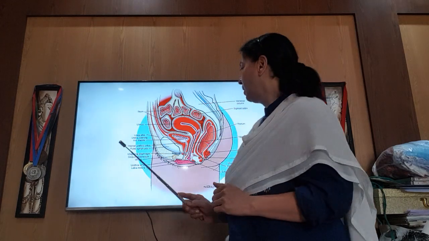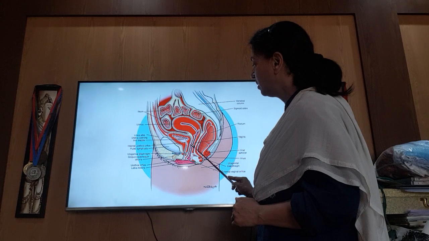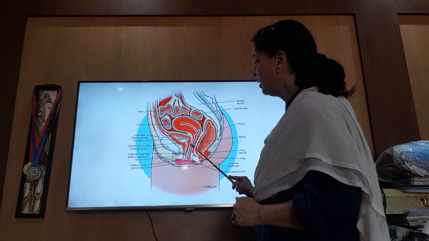It is nothing but the vas deferens after it has been joined by the seminal vesicle duct. So the ejaculatory duct will also open in this urethra in the neck of the bladder.